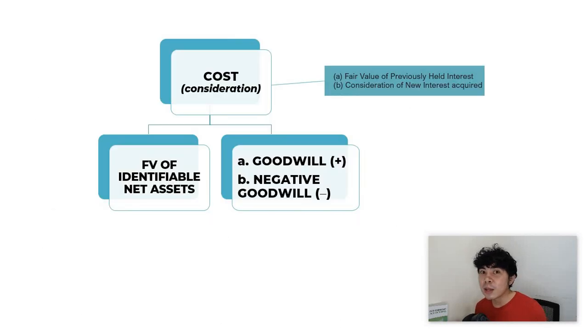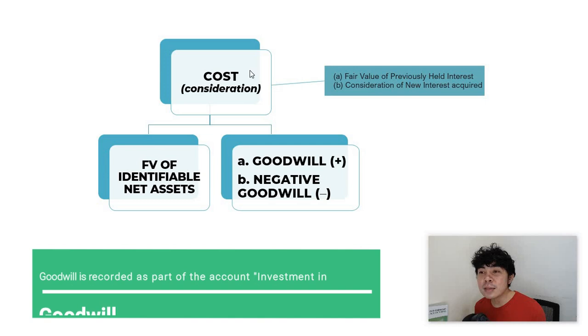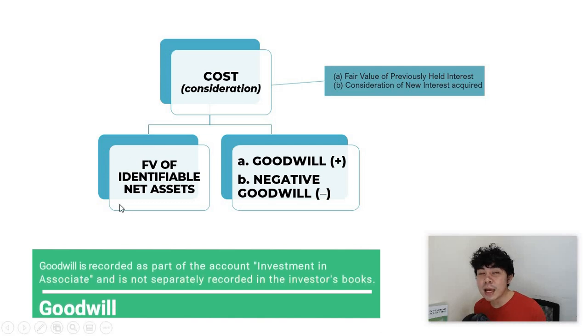So, ano ibig sabihin ng goodwill? Bakit nagkakaroon ng goodwill? So, kapag ang cost mo o yung pinangbayad mo ay mas malaki doon sa binili mo, which is the fair value of identifiable net assets, ibig sabihin, aside dito sa mismong identifiable net assets, meron ka ring binayarang iba, which pertains to the goodwill. So, ano yung binabayaran mong iba pertaining to goodwill? Saan galing yung goodwill?